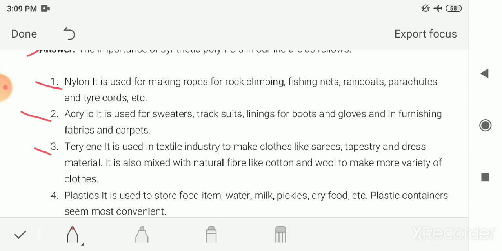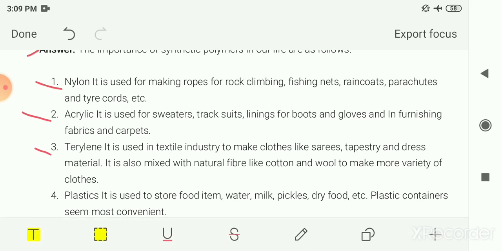Tapestry is a kind of fabric that in earlier times people hung on the wall, with many different kinds of pictures like birds and animals on it. And to make dress material, terylene is used, and it is also mixed with different kinds of fibers like cotton, as we had seen, terrycot, terrywool. So by this we can get more variety of clothes.